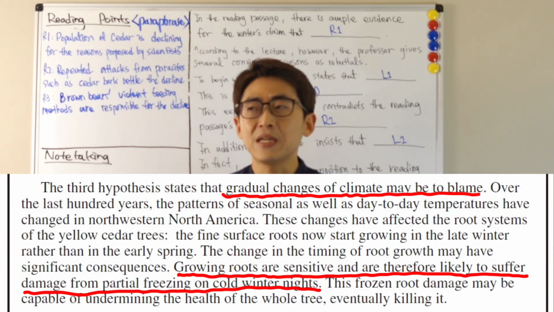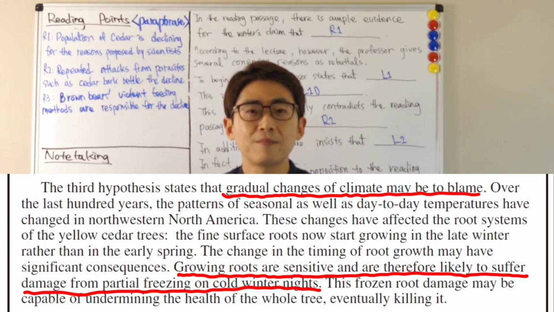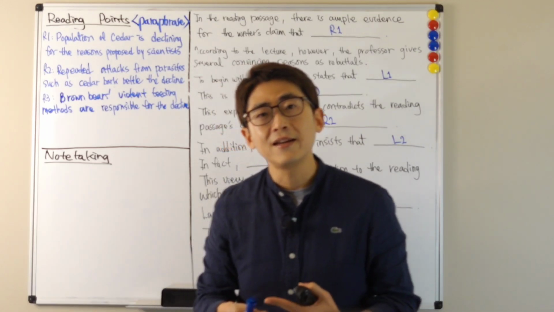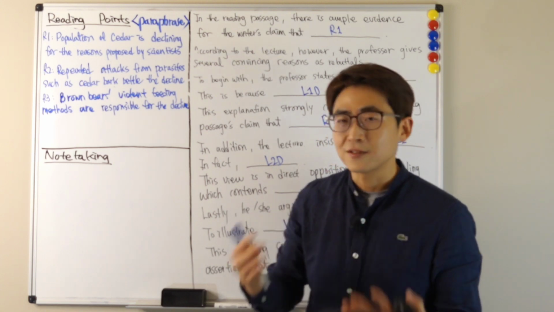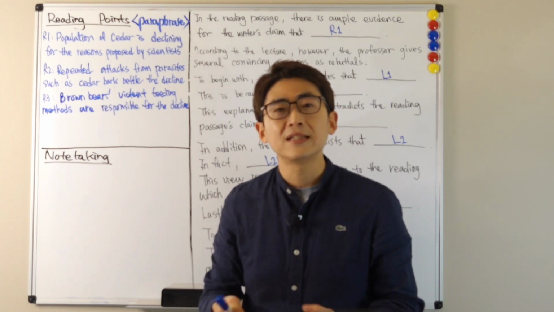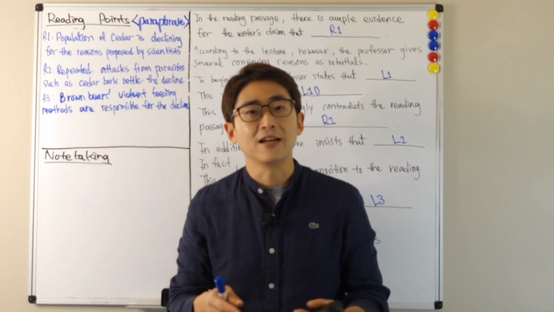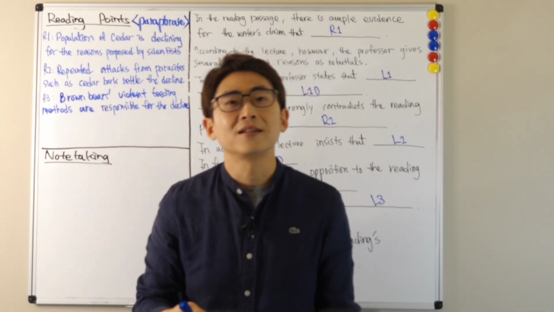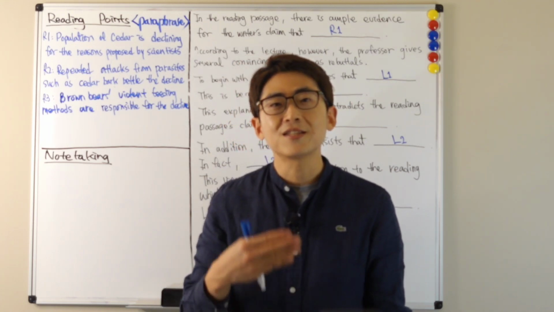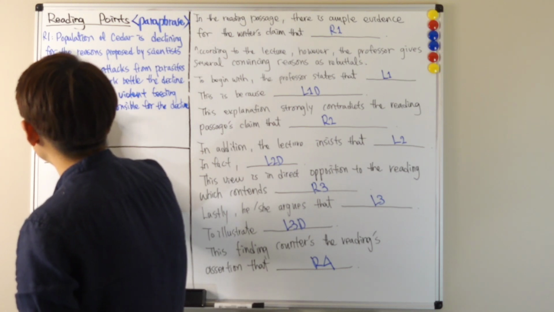So basically, because of global warming, the growing roots have been damaged by the frost, and then they couldn't survive to become an adult cedar tree, so that's what is causing the decline. Okay, so let's give it a twist of our own. We can say temperature changes instead of saying climate change. So our R4 would be temperature change.